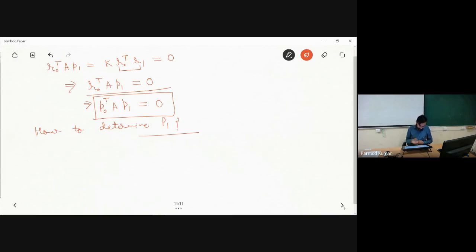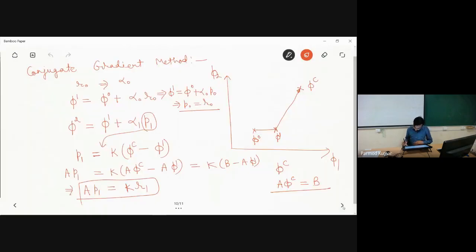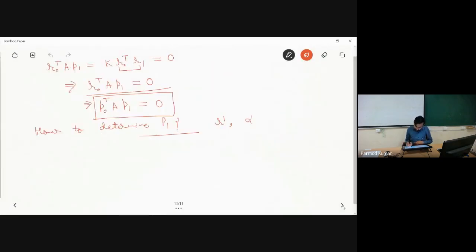If you see over here, we know the value of R1, and we know the value of alpha naught, and we know the value of R naught. So these three values we actually know. So can we utilize these values to find the value of P1?